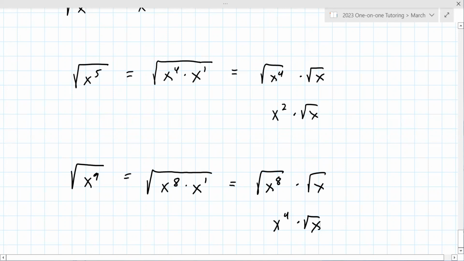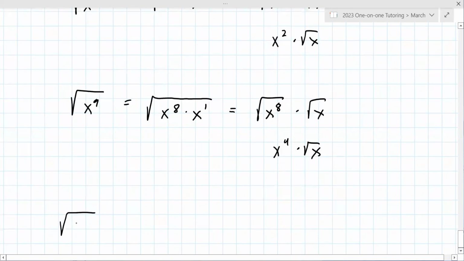Okay. So let me have you try one here. Let me have you try the square root of x to the 17th. I want you to tell me what the final answer is, breaking it apart like we do here.